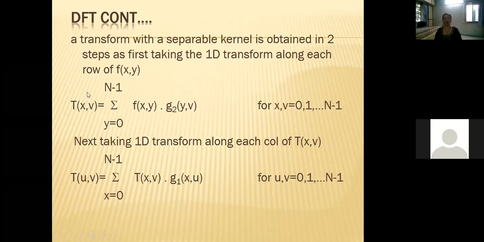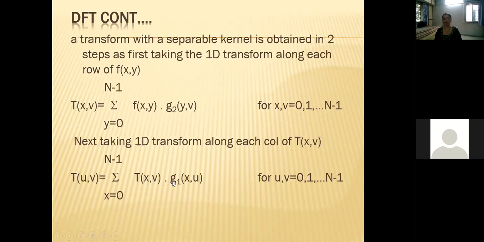Now on this partial result T(x,v), we apply once again a one-dimensional transform along each column of the image T(x,v).